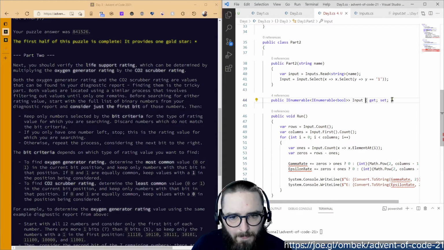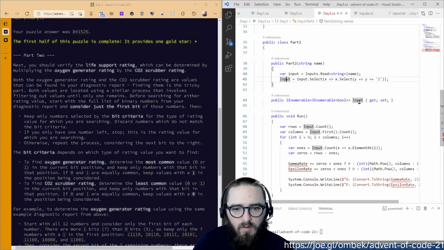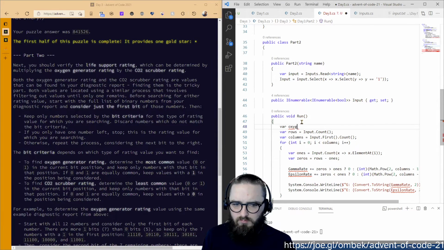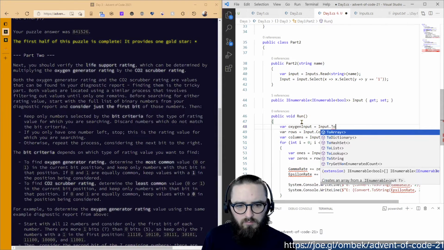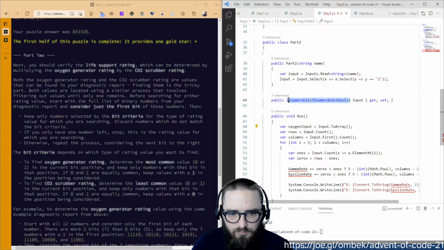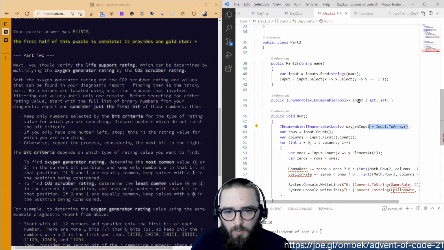What we are going to do though, I'm going to create an array to make a copy of this initial array, which I don't think I need to do actually.